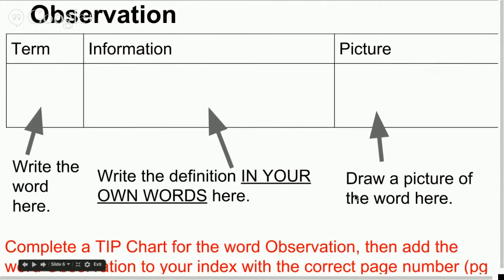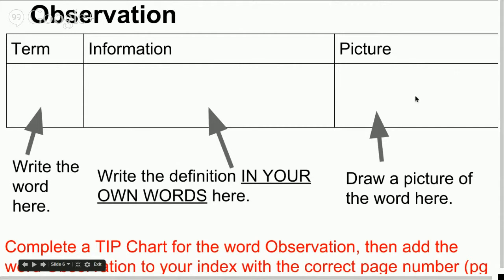Please, in your own words, you're going to write down this definition. So here's how we're going to write down definitions. You're going to make what we call a tip chart. Tip chart has the term, so you'll write observation here. Tip chart has information. That's going to be the definition in your own words. And then a picture.